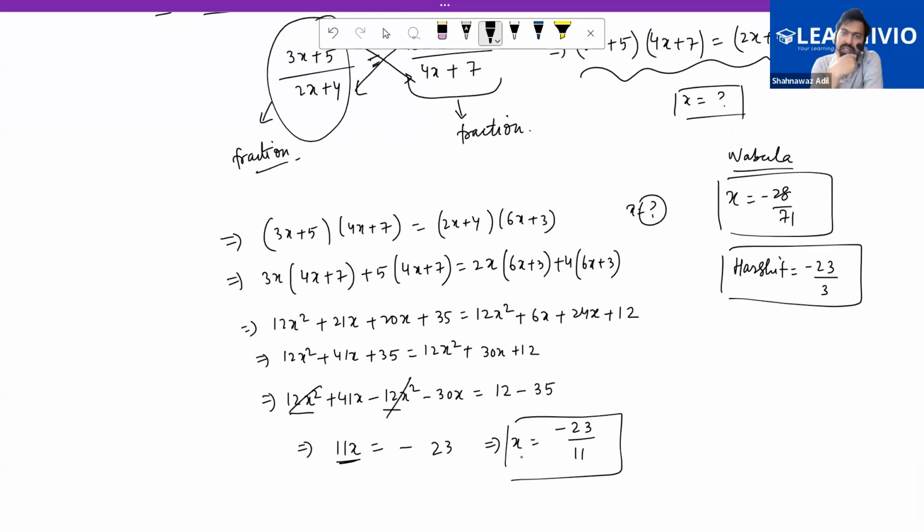In the next class, I'll be talking about scientific notation, right? So let's say you have 0.00000732. This is not looking good. So how can we write these numbers in a more suitable way?